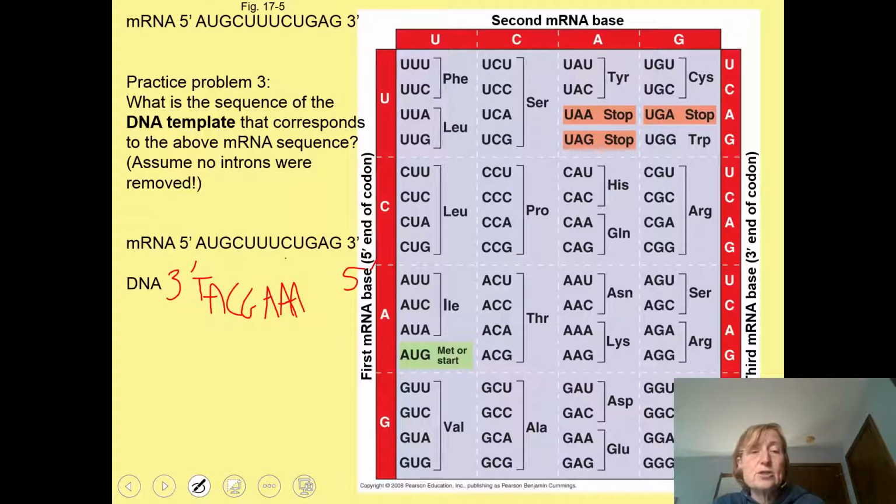C pairs with G. U pairs with A again. G pairs with C. A pairs with T. G pairs with C. There we go. I just made the DNA template that complements the RNA molecule. This is super easy. This is what happens inside the cell when translation happens.